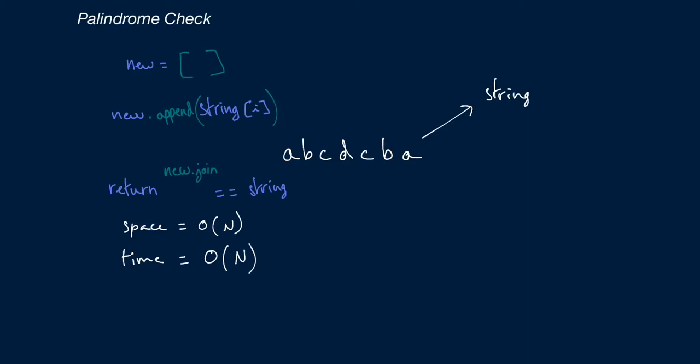So to determine whether A, B, C, D, C, B, A is a palindrome, we're saying, is the first letter A equal to the last letter A? And is the string in the middle, in between the first and last letter, a palindrome? So by approaching this problem this way, we can use recursion.